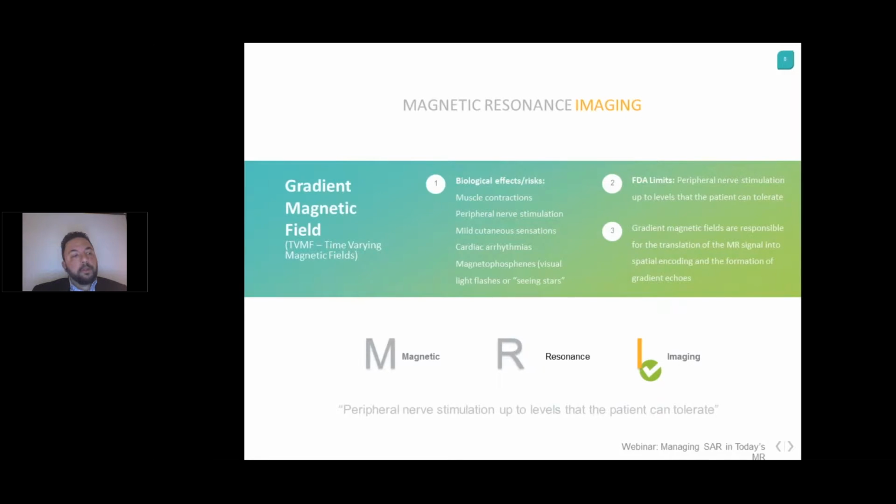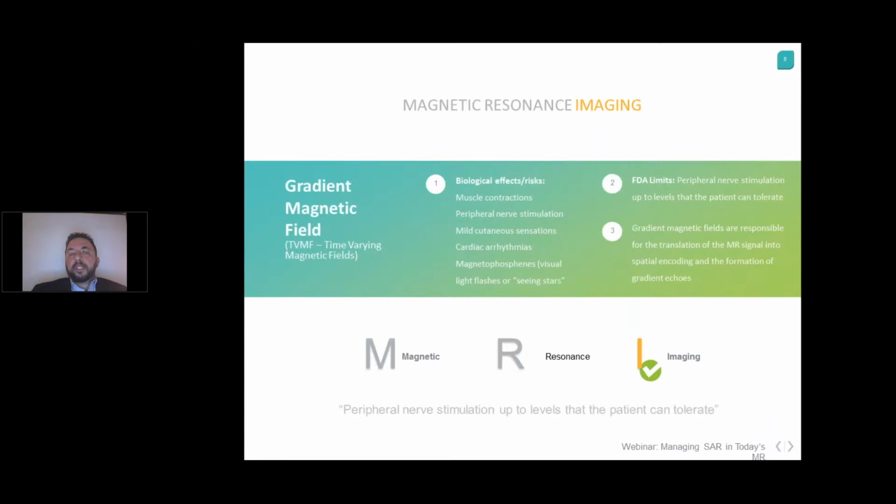So the last field in MR imaging is our gradient magnetic field, also doing business as TVMF, or time varying magnetic fields. The biological effects or risks of this field are quite different than the RF field.